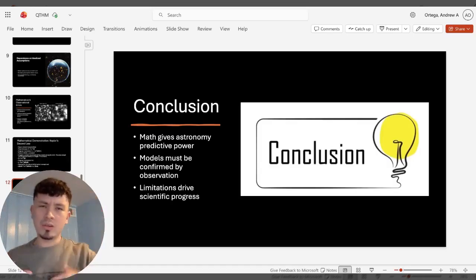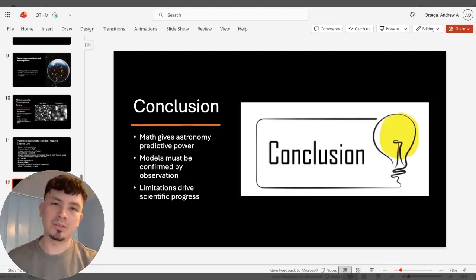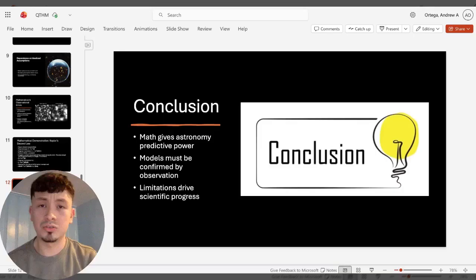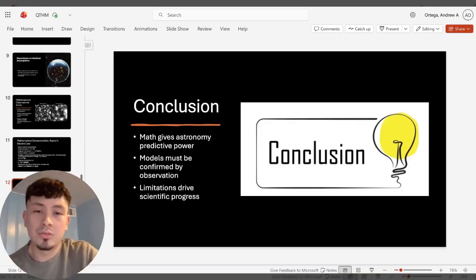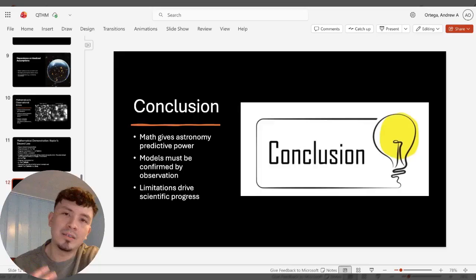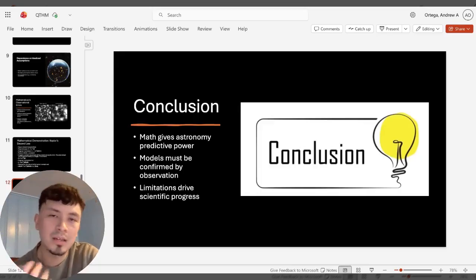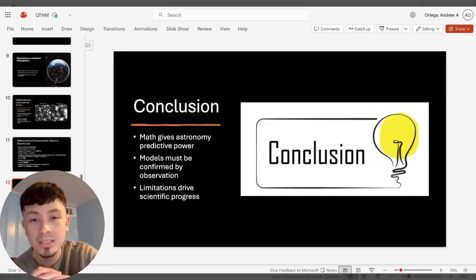But as we evolve in science, I believe that math will evolve also, and these limitations will keep diminishing, and results will be more accurate as time goes by and as technology improves. So, in conclusion, mathematics gives astronomy the ability to measure, to prove, to predict, and to observe the motions of planets and cosmic celestial bodies.